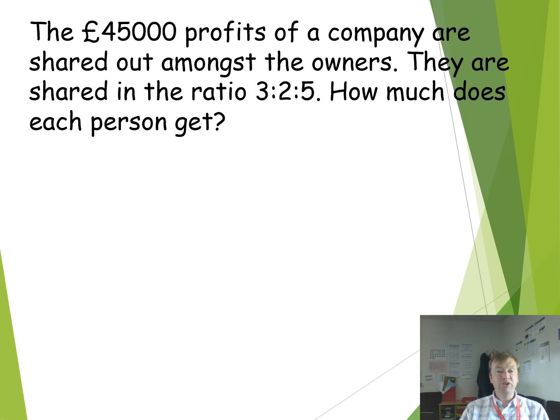So we follow the same procedure as before. First of all, we look at the ratio and we add it up. 3 add 2 add 5 equals a nice round 10. Okay, so we're sharing by 10. There's 10 shares in total. So what do we do next?